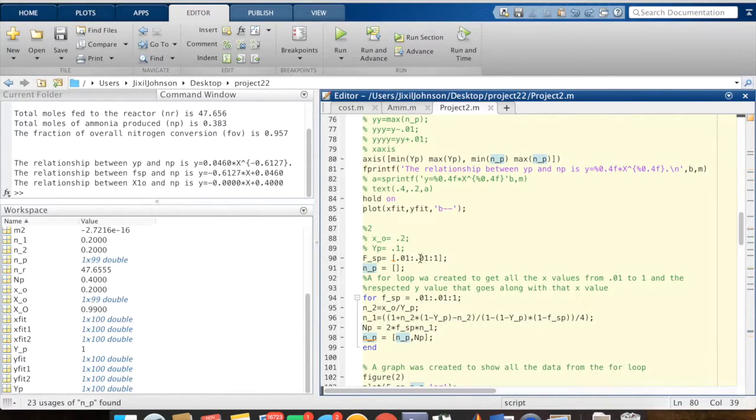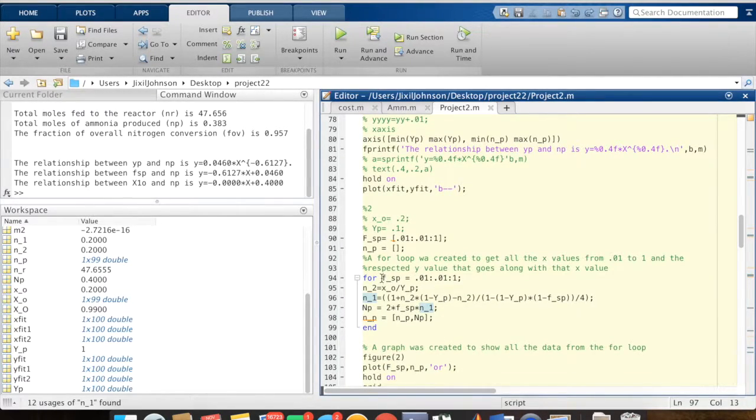So for the second one, it asked us to keep x0 and yp constant, which is the same process as before, and fsp goes from 0.01 in increments of 0.01 to 1. It's the same process as keeping np to find np for 100 matrix vectors.